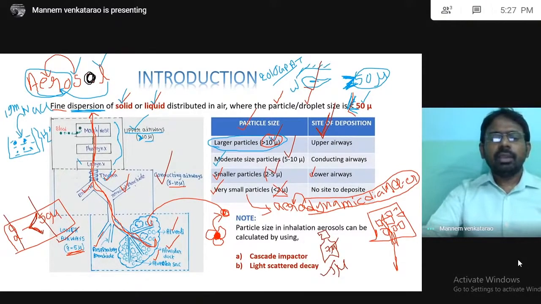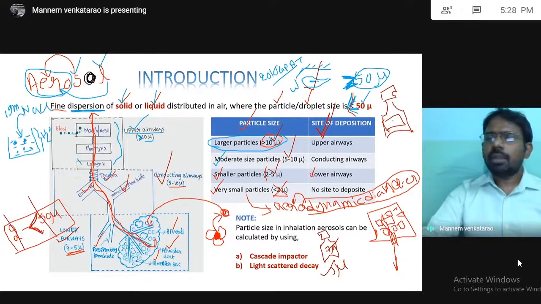Friends, now tell me, suppose I give you an aerosol system in your hand, and I am not mentioning the particle size on the label. Once I mention the particle size, you immediately decide where it can be deposited.